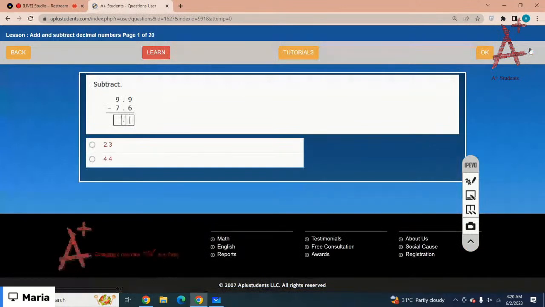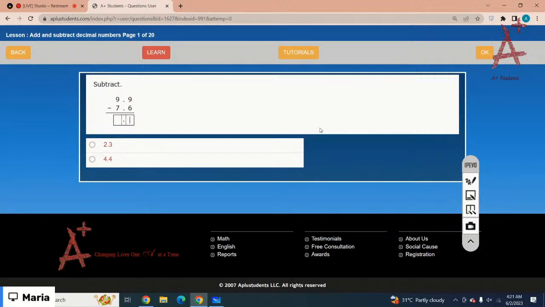Okay, the first one is you have to subtract. So which is the correct option? 9 take away 6 is 3 and 9 take away 7 is 2.